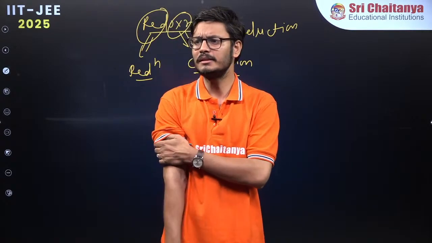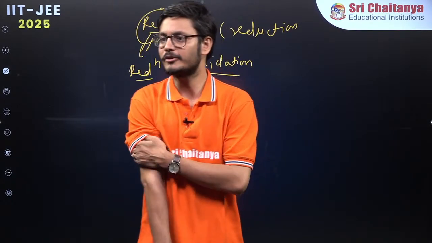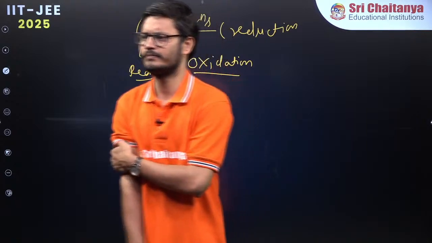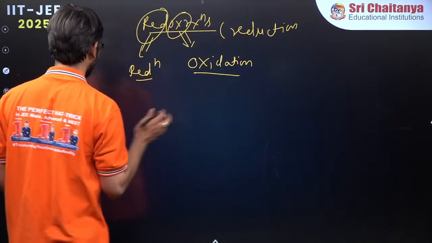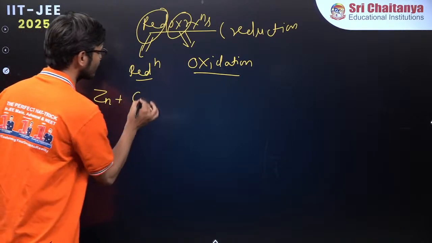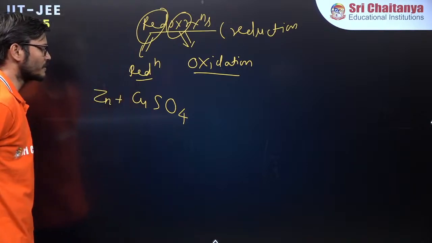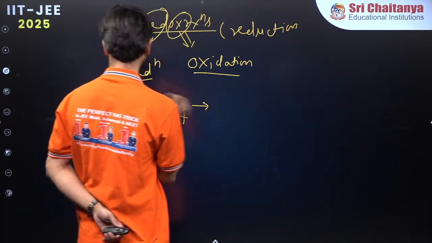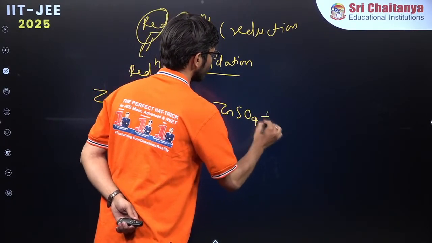Zinc plus copper sulfate, yes. Copper sulfate and zinc, very good. So our madam taught us this reaction, zinc reacting with copper sulfate, and the product formed was zinc sulfate, and copper was removed.